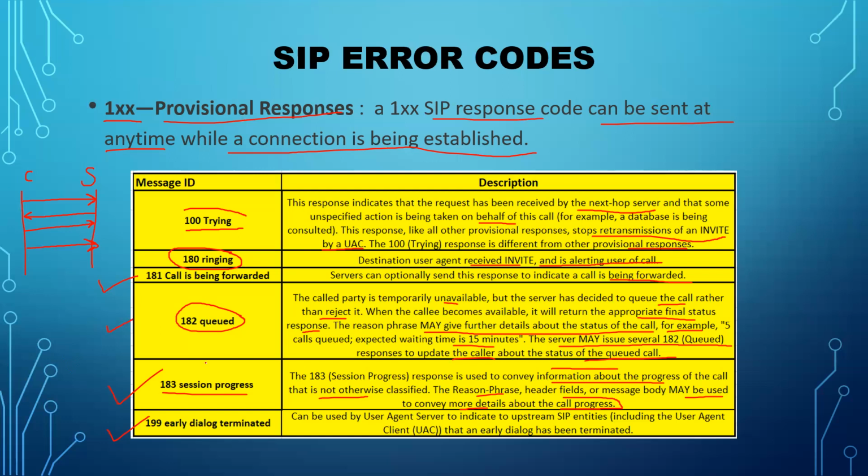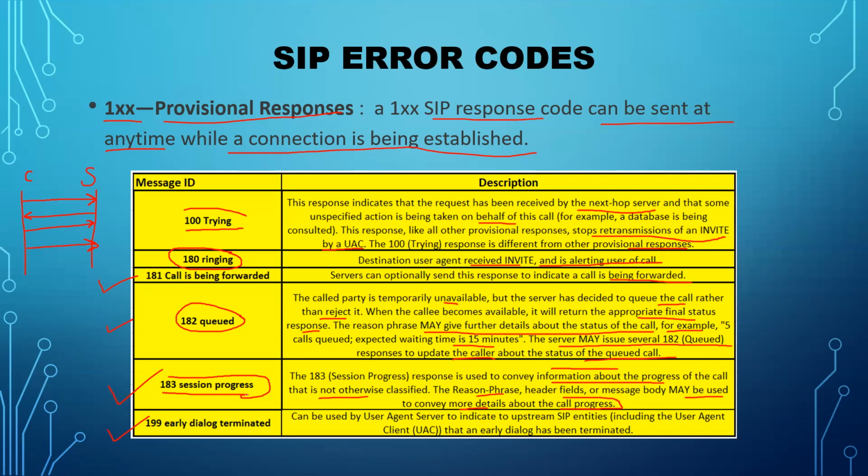And if you are not getting a ring, but the call is saying Session Progress, what does it mean? That means there can be a dialer tone or caller tune, or an IVR as well, and then you will not hear a ring, right? You are not hearing a ring back tone if it is prompted to the IVR directly.